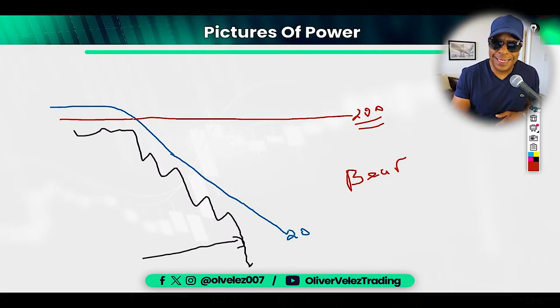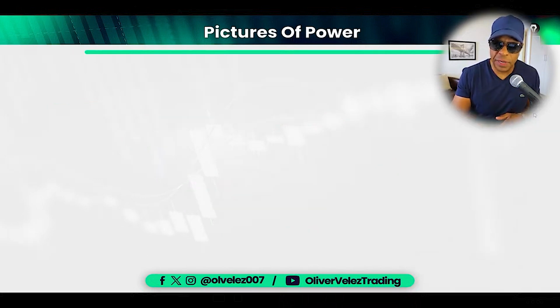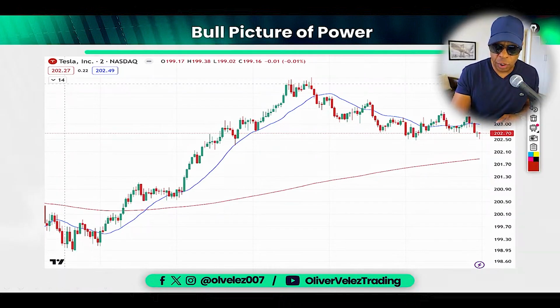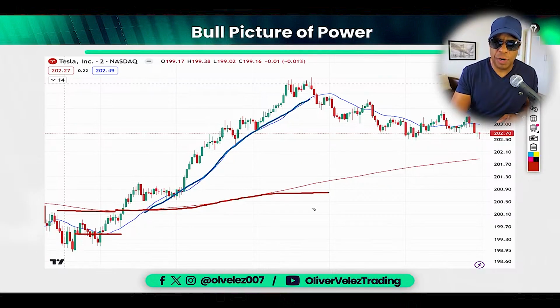All right, let's take a look at some examples of these pictures of power. Again, Tesla is demonstrating the bull picture of power, right? Look to the left. You kind of start flattish, and then your 20 starts to separate from the parent. That is your bull picture of power.